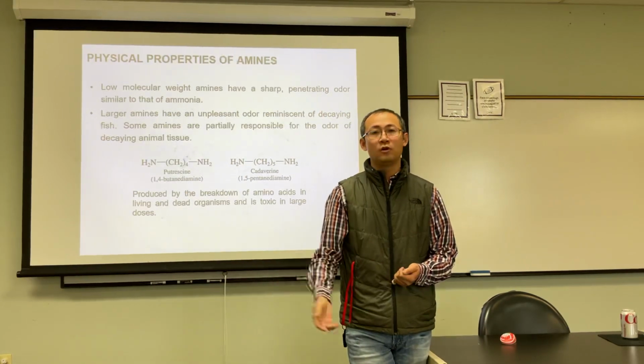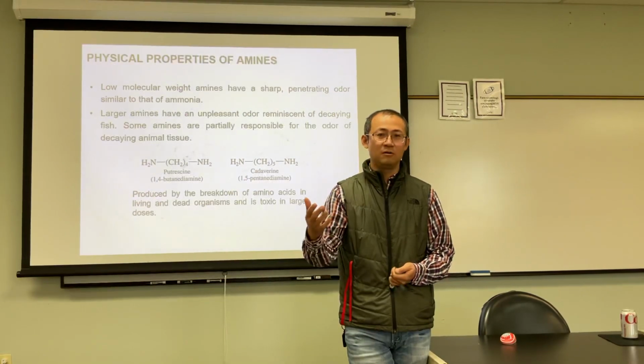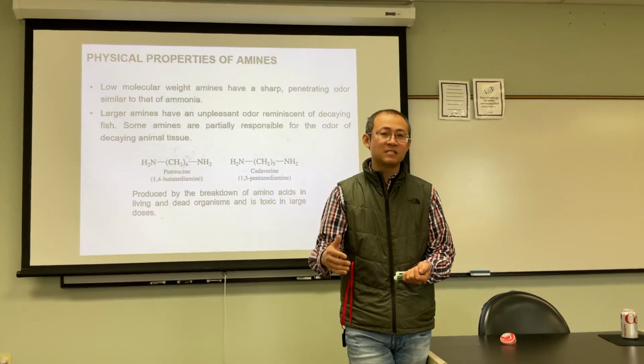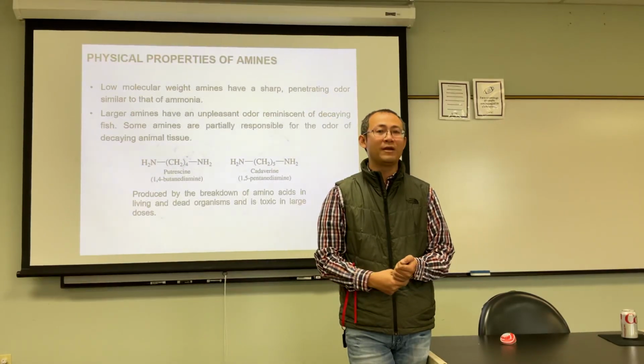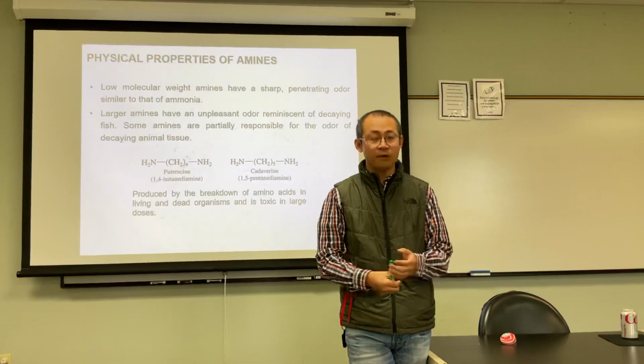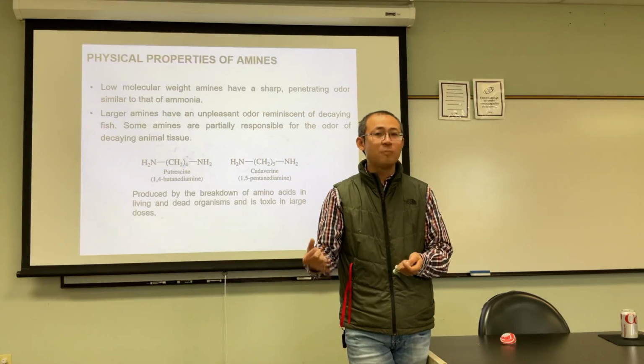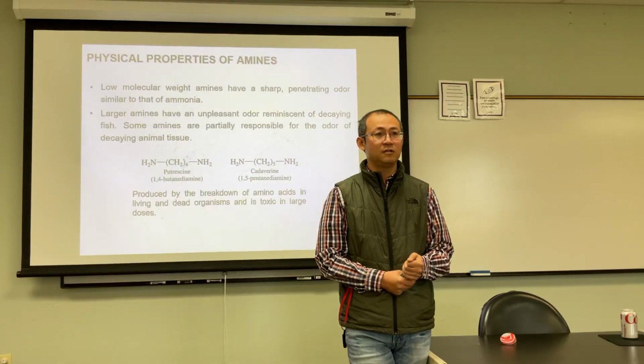For example, amines are less soluble than alcohols, and the boiling point is slightly lower than alcohol's as well. Generally speaking, this is because the N-H bond is less polar than the O-H bond. That's the main reason.